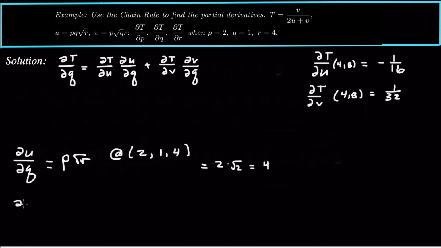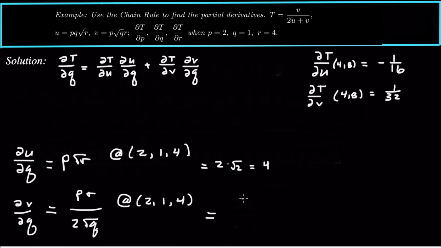And then take the derivative partial v partial q. Differentiate v with respect to q. Let's see, q is under the radical, so this is going to be p times r over 2 square roots of q. And evaluate that now at the point p equals 2, q equals 1, r equals 4. So that's equal to 2 times 4 over 2 times square root of 1, which is 4. So we've got our partial derivatives, partial u partial q evaluated at the point, and partial v partial q evaluated at the point.